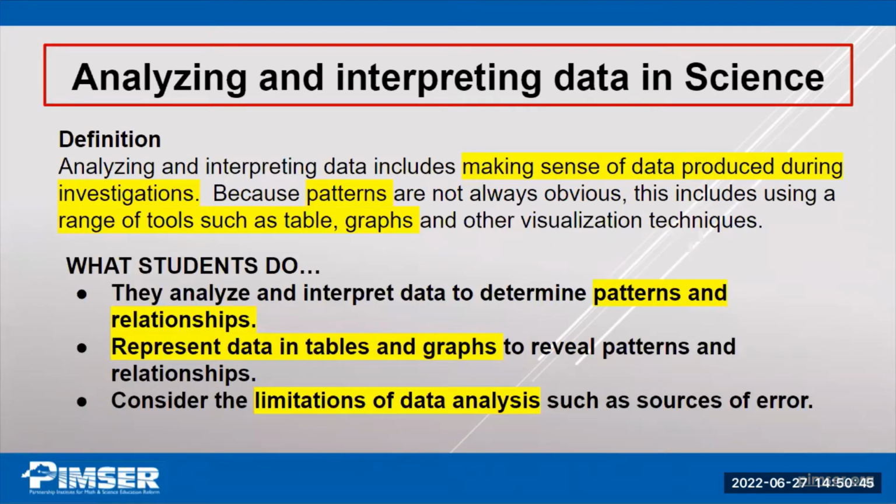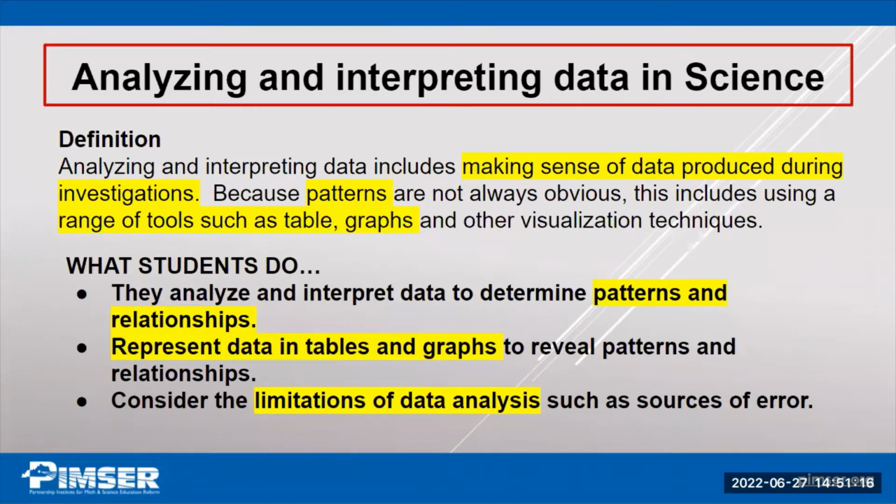Well, here's what stood out to me as I read that. Analyzing and interpreting data includes making sense of the data that was produced during investigations. So it's starting out with investigations, but then looking at that data. We're looking for patterns, and because they're not always obvious, we use a range of different tools such as tables, graphs, and other visualization techniques to help us make sense of the data.